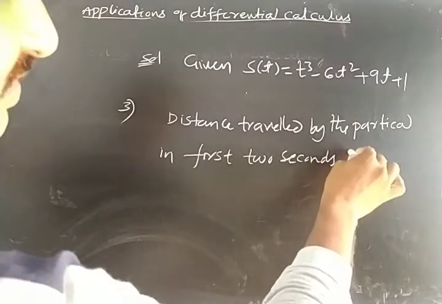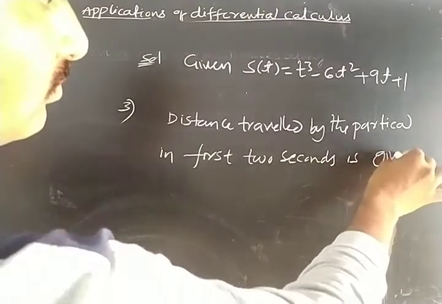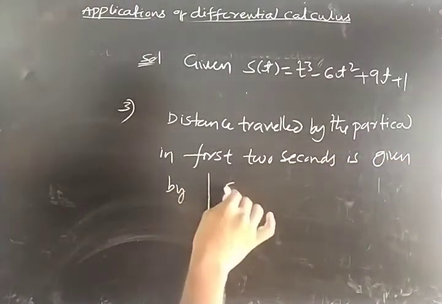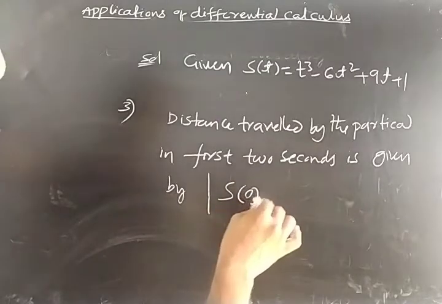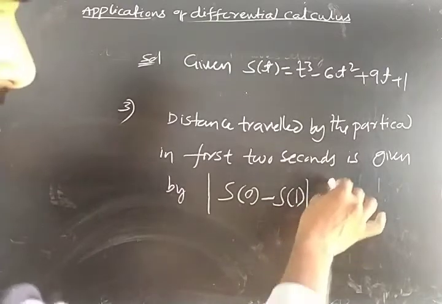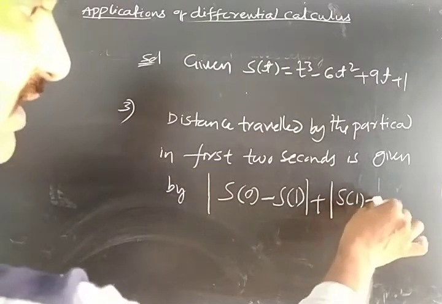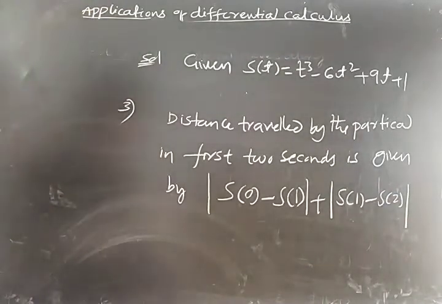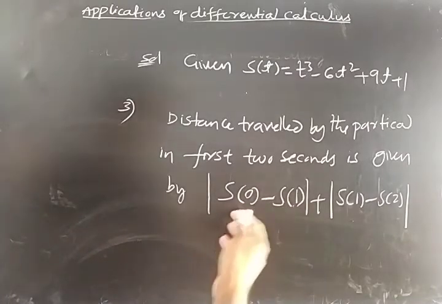This is given by modulus of s of 0 minus s of 1 plus modulus of s of 1 minus s of 2. Why? Because at 1 the particle changes its direction. So that's why I am using this formula.